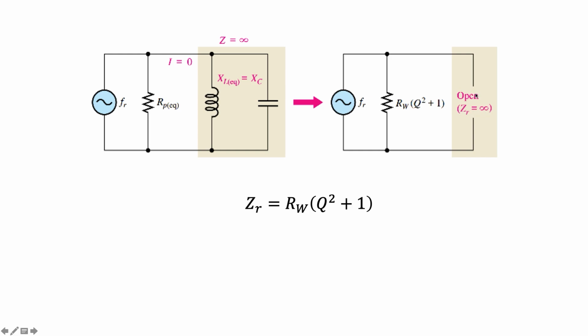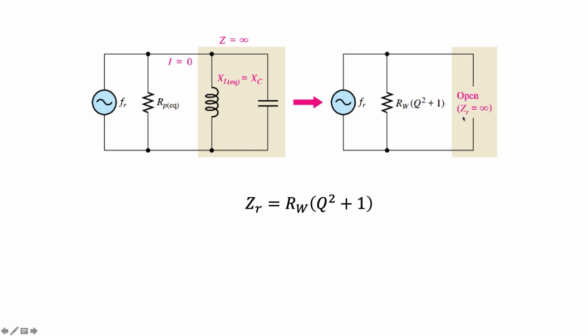Why did we need the conversion from the non-ideal tank circuit to the parallel RLC circuit? In the parallel RLC circuit, we have the ideal tank circuit in parallel with RP equivalent. We already know how to interpret the ideal tank circuit. At resonance, the impedance of this tank circuit is infinite.